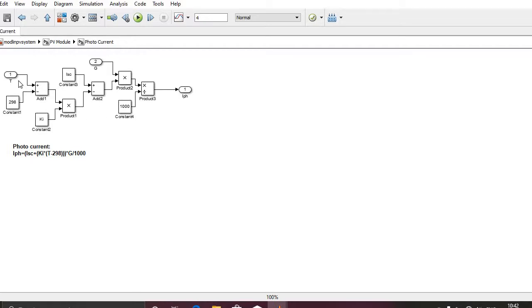First of all, take T minus 298 into Ki, then this whole term is added with the ISC. So ISC plus this, and then multiply by G and divide by 1000. So it will give our IPH, the photocurrent.